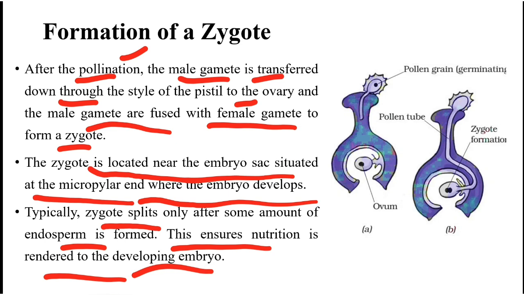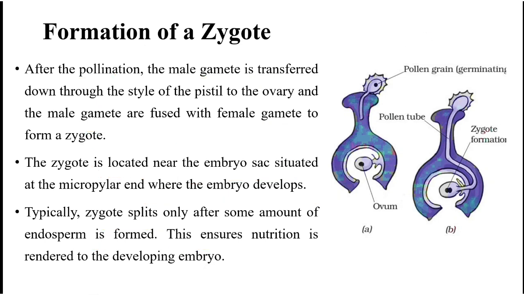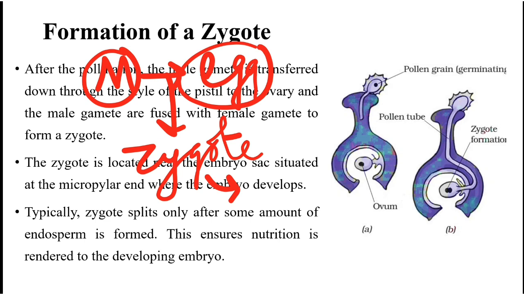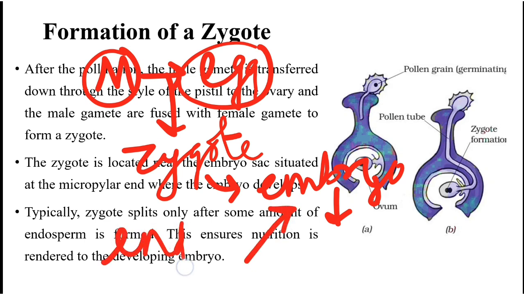So here what he says is that when one male nucleus fuses with the egg, they form the zygote. The embryo grows and develops by deriving some amount of nutrition from the endosperm.